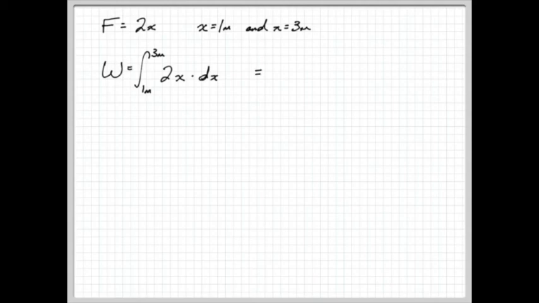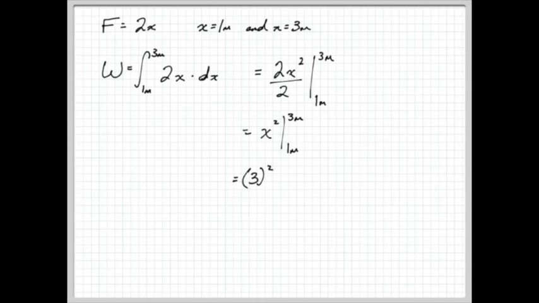So remember, for integrals, we add 1 to the exponent and then divide by that number. And then we evaluate it at the limits. So this is going to be x squared evaluated from 1 meter to 3 meters. So when we plug this in, that'll be 3 squared minus the lower limit squared. So 9 minus 1 gives us 8 joules of work.